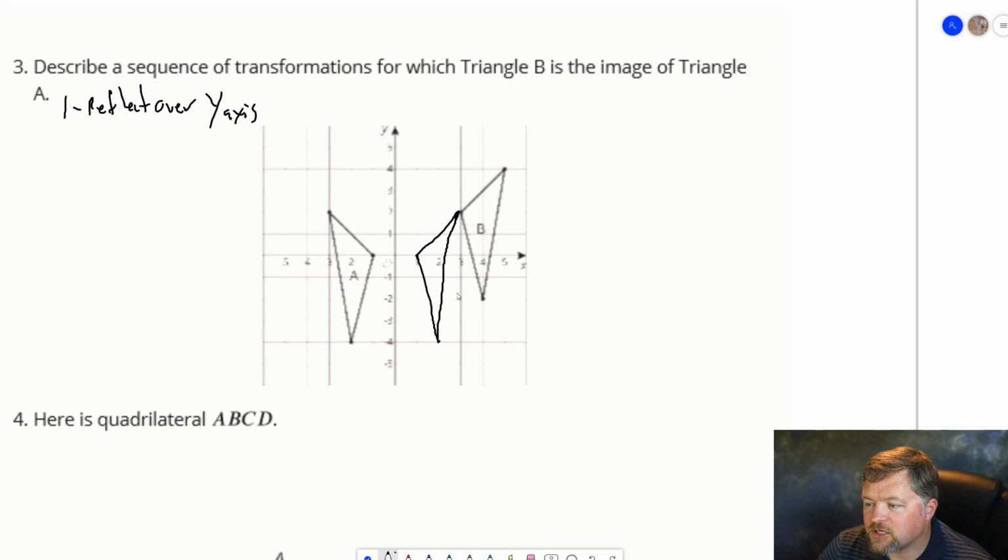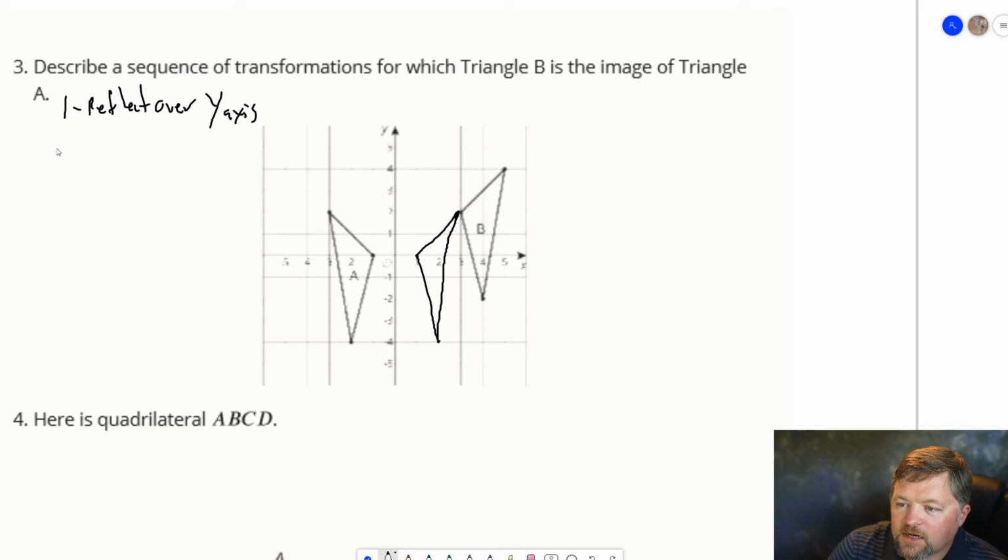Well, they're touching, but that doesn't quite help. If we're going to put this vertex here, we need to go up 2 and right 2. If we want to put this vertex here, we have to go up 2 and right 2.